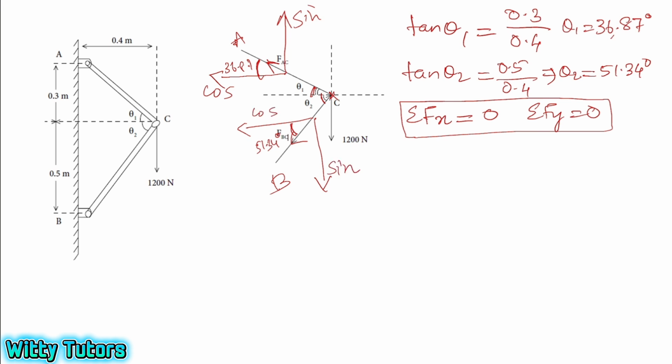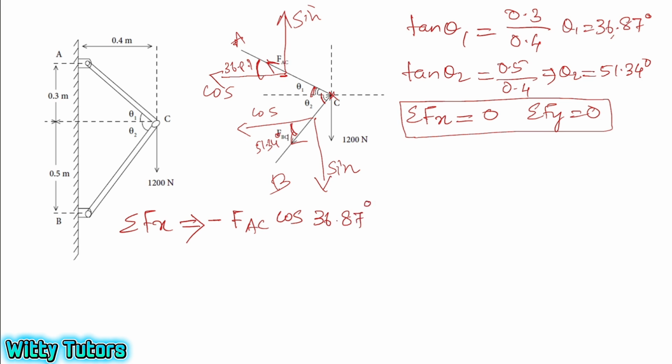From this figure, sigma Fx we can write as follows. For FAC, the x component is towards the left, opposite to the x direction, so minus FAC cos 36.87 degree.